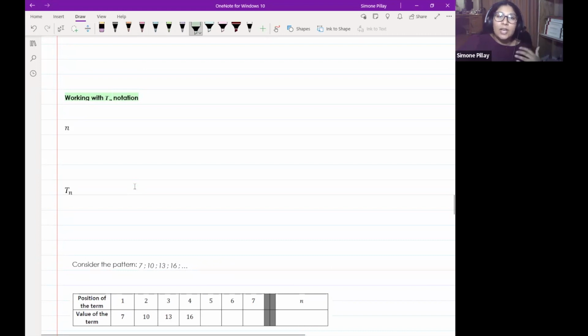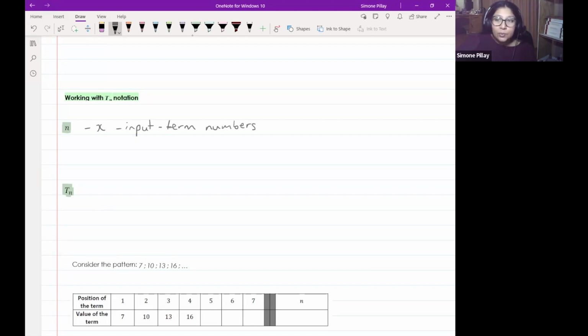It's the name. We have a certain name that we call things. And we have N over here and Tn. And so my N is basically what my X values were. And what is that? It's my input. And what do we know my inputs are? My inputs are my term numbers.